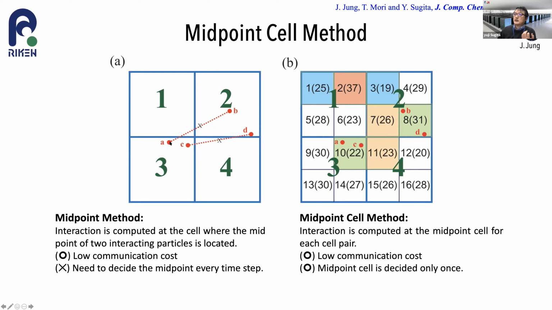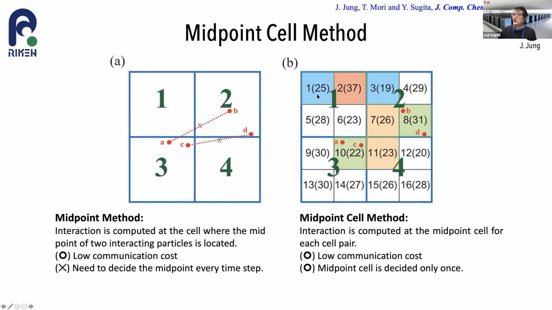For example, the A particle and B particle interaction is computed at the midpoint cell, that is the second cell. And for C and D, the midpoint cell is actually number 4, and this interaction is computed here. So this is really good, with low communication cost. However, you have to decide which midpoint is used at each MD time step.